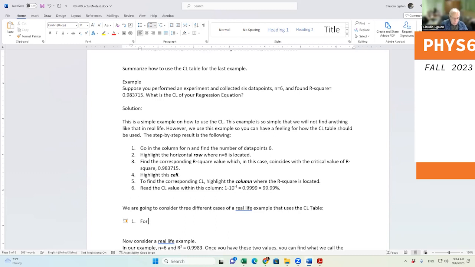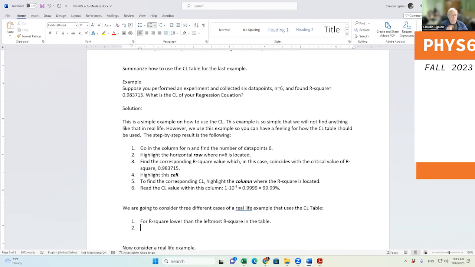Case 1: an r square lower than the leftmost critical value of r square in the table.